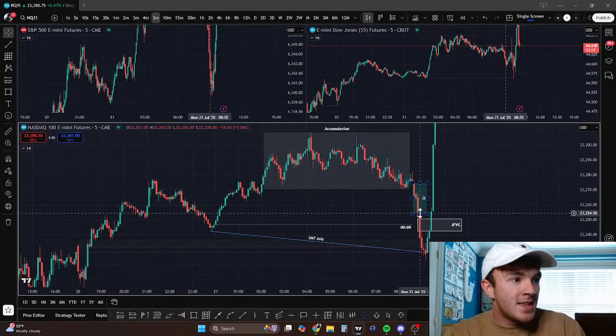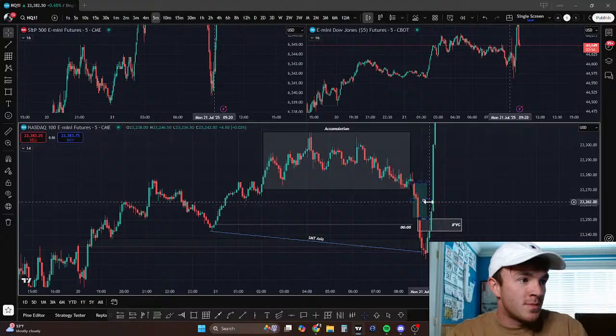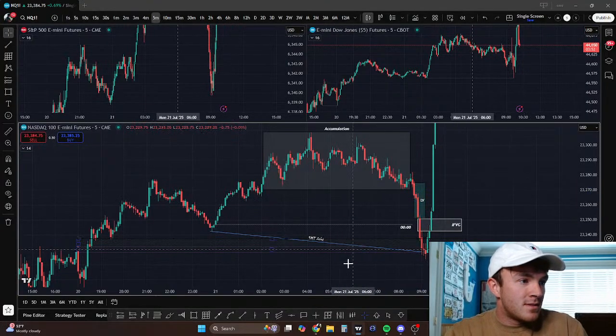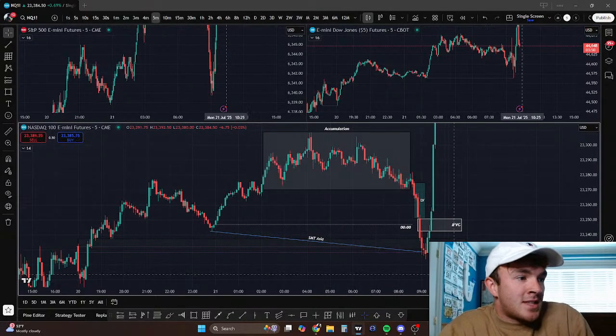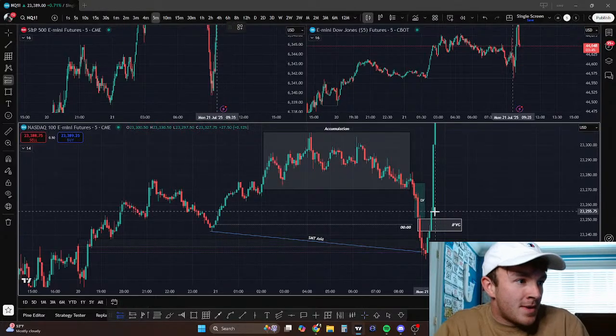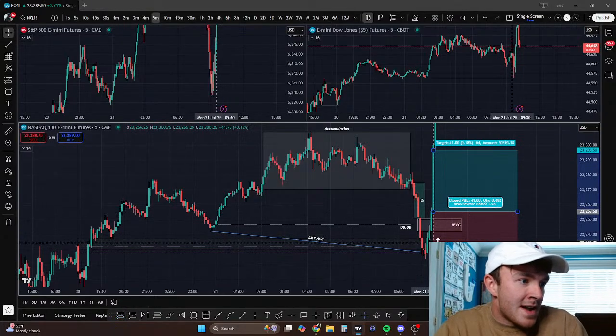These are the kinds of trades you want in your journal, because you're going to be so confident. This is not something I'm going to regret. I'm going to be happy with whatever happens.